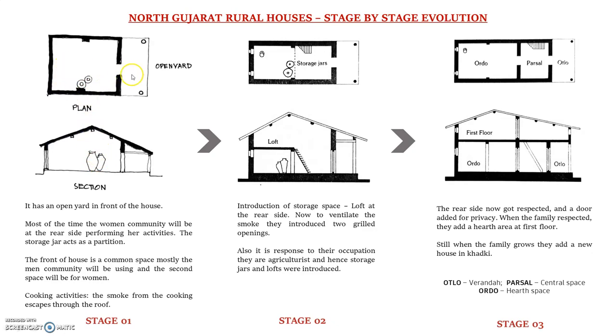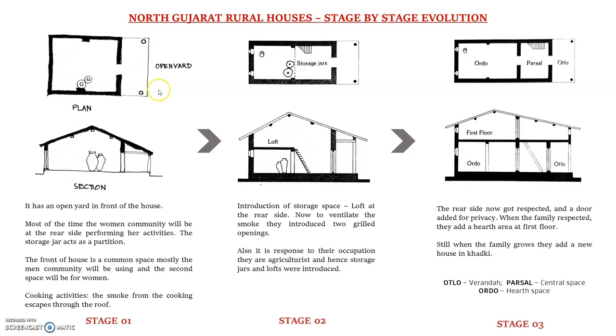Here this is the private space, this is a semi-public space, and this is a completely public space. The women's area will be this particular zone. They will be completely private, and one cannot easily see this area. That's how they have designed it.